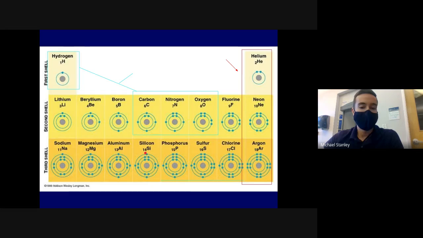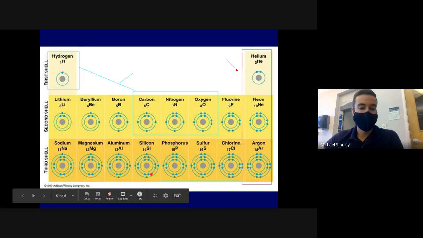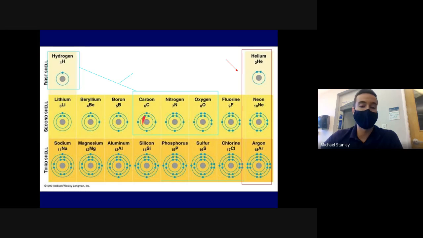Silicon also has 1, 2, 3, 4 electrons on its outer shell. The only difference is that carbon has 4 on the second shell and silicon has 4 on the third shell. But when we're talking about valence electrons, it doesn't matter if it's the second shell or the third shell. All that matters is that it is the outside shell.